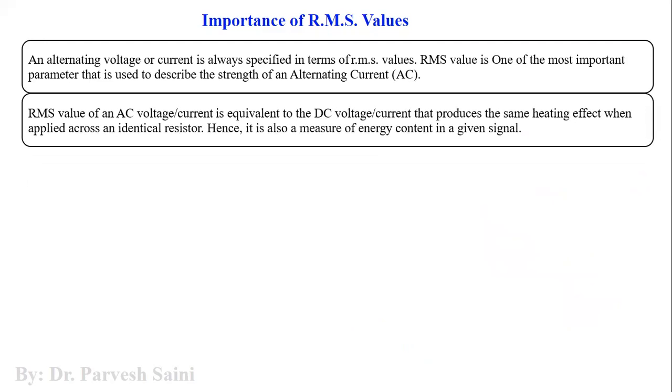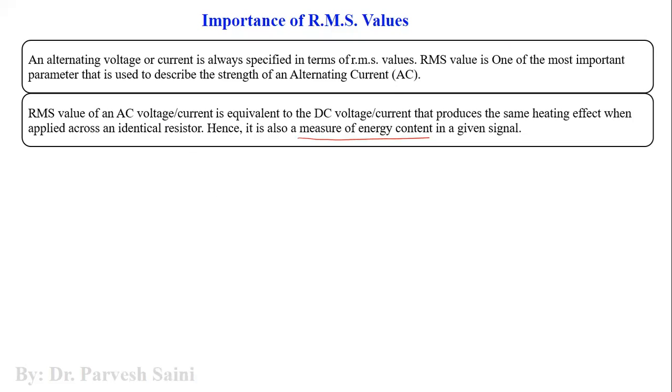As discussed already in the previous lecture, the RMS value is basically that value of an alternating quantity which produces the same heat, the same effect in the electrical load, which is produced by the DC which flows in the same load for the same time, right? So your RMS value gives the measure of the energy content in the given signal.